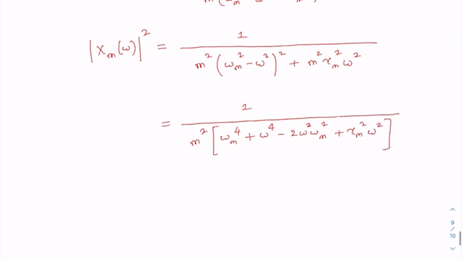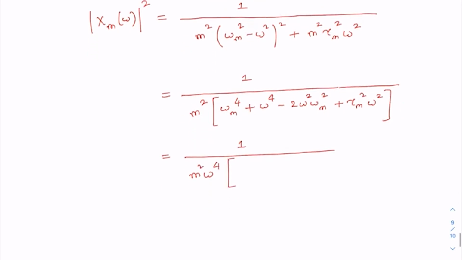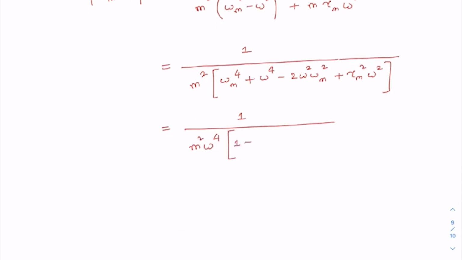Now if I take omega to the power 4, let me take it outside. 1 divided by m square omega to the power 4, that would be 1 plus omega m to the power 4 by omega to the power 4, okay, minus twice omega m square by omega square plus gamma m square by omega square.